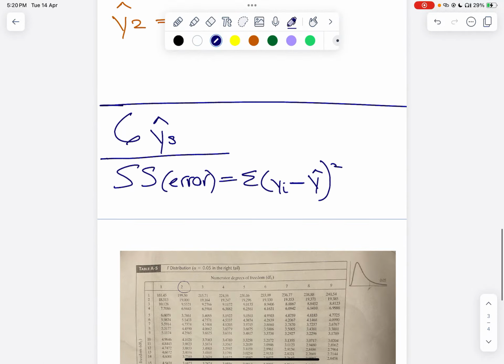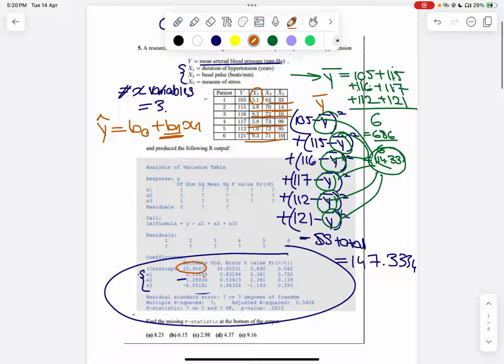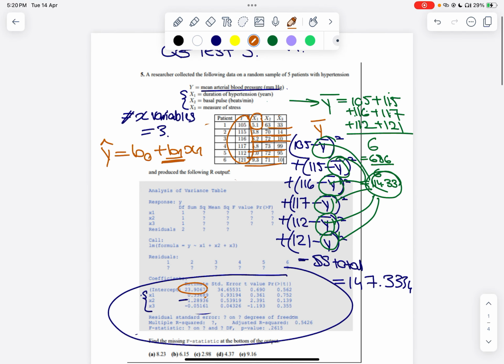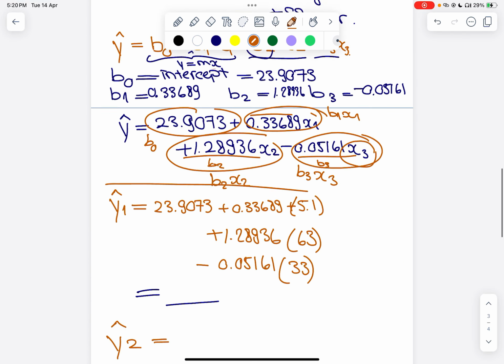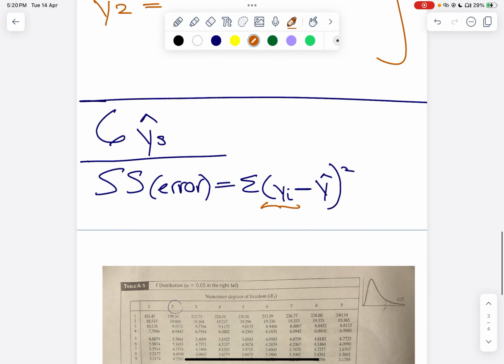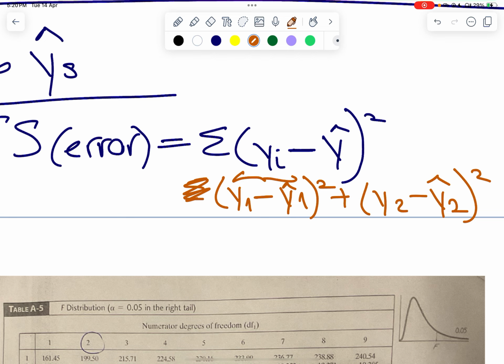So we have six yi's which are from this table right here, and you have six y hats that you would have calculated here. So you just do the sum. You just do y1 minus y hat 1 squared plus y2 minus y hat 2 squared plus y6 minus y hat 6 squared.